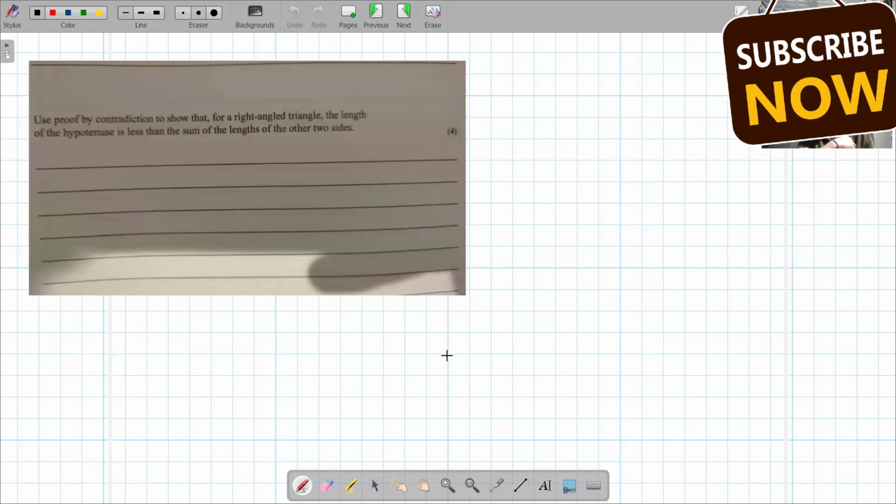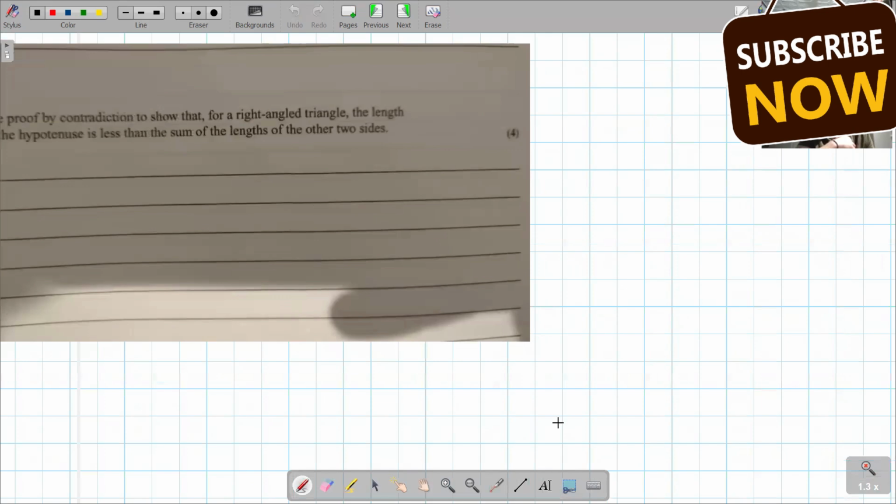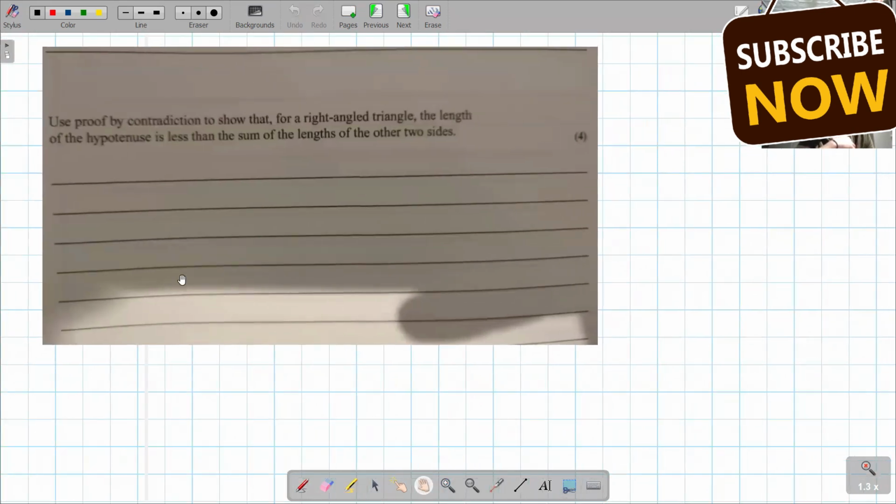Okay. Next question is proof by contradiction. Show that in a right angle triangle, the length of the hypotenuse is less than the sum of the lengths of the other two sides.